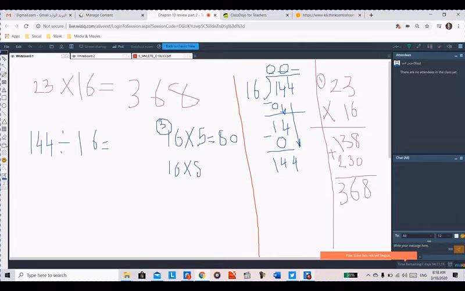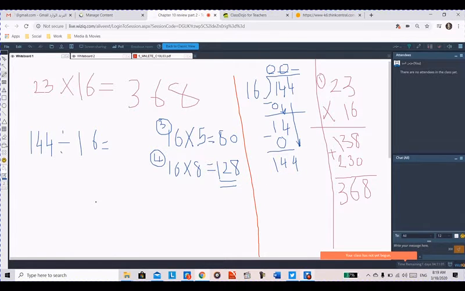Let's try 8 for example. 6 multiplied by 8 is 48, 8 and carry 4. 1 multiplied by 8 equals 8 and 4, 12. Still we didn't reach it yet.